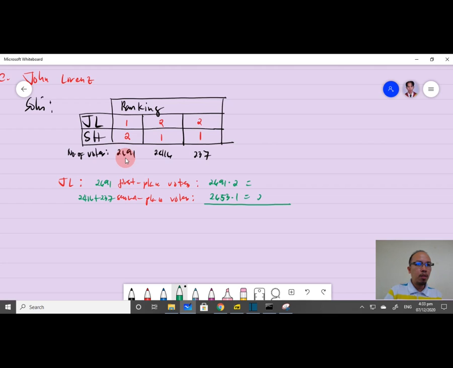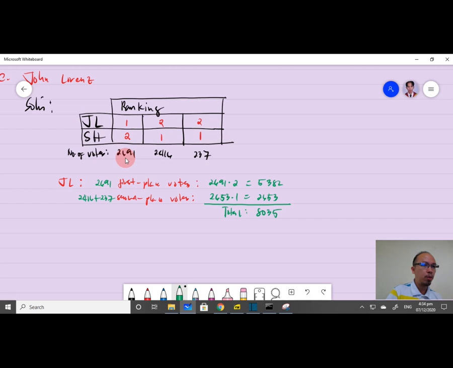Then 2691 times 2 is 5,382. Sum it up, plus 2653, the answer is 8,035. That's for GL.